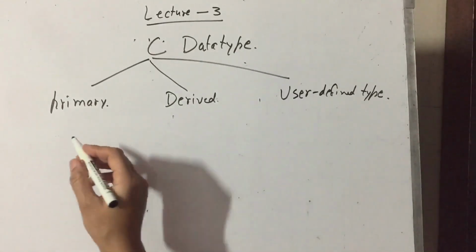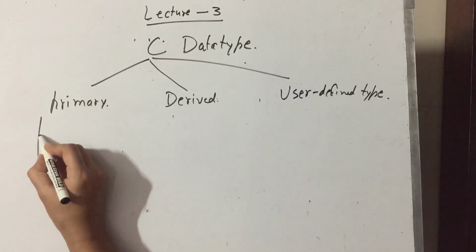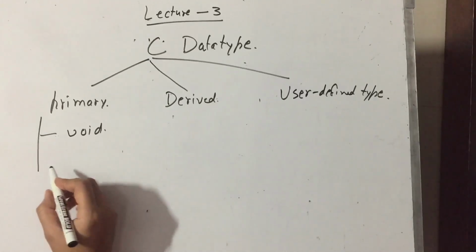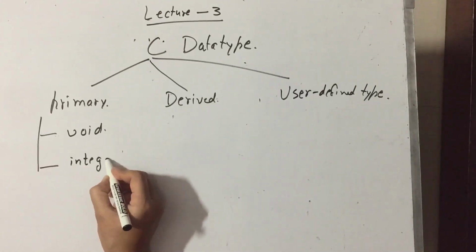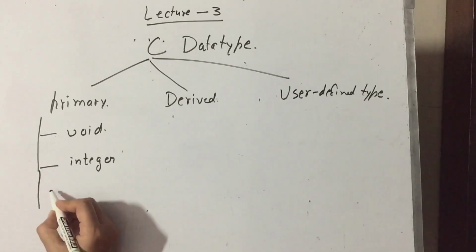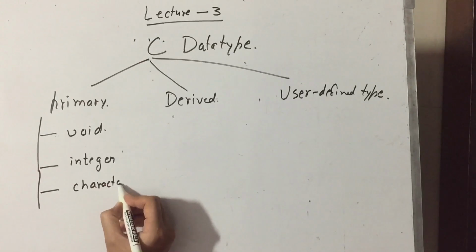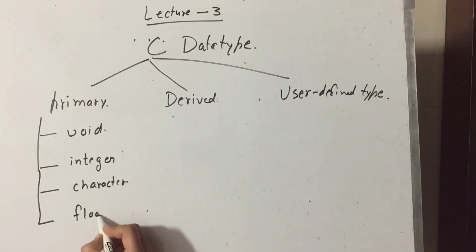Okay, in primary we have void data type, then we have integer data type, character data type and float data type.